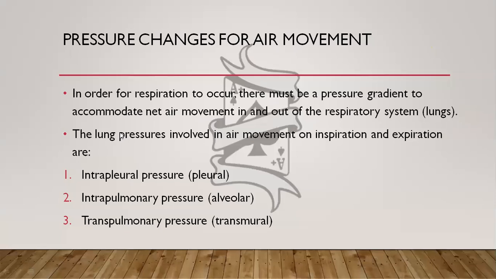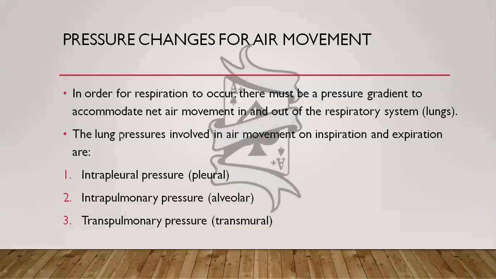If my external intercostals and my diaphragm contract, resulting in an increase in thoracic volume, I'm going to have a decrease in pressure. That pressure is going to be far below what is outside, and air is therefore going to flow to the inside.